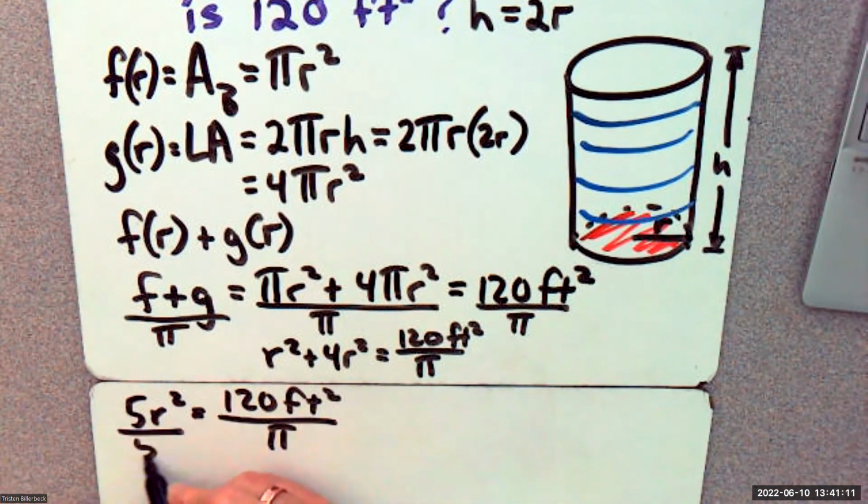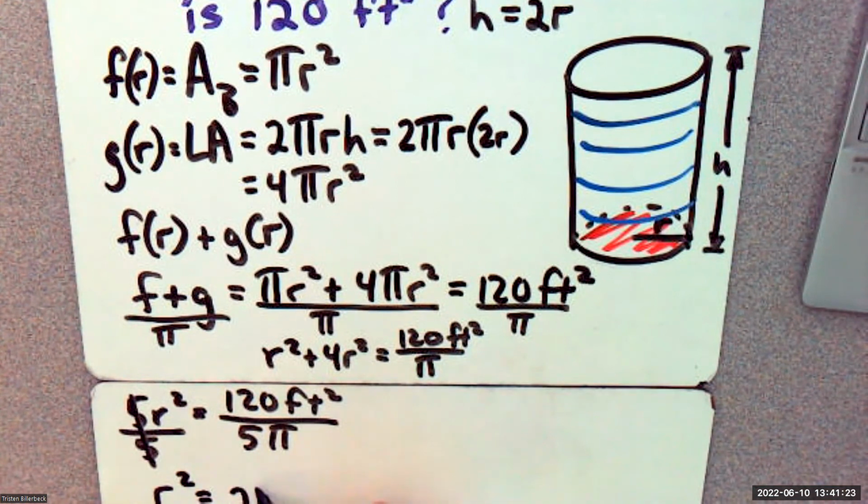Now we're going to divide by 5, so we'll just divide by 5 pi. That cancels that out. And then we get r squared equals, and this is going to be 24 divided by pi feet squared.